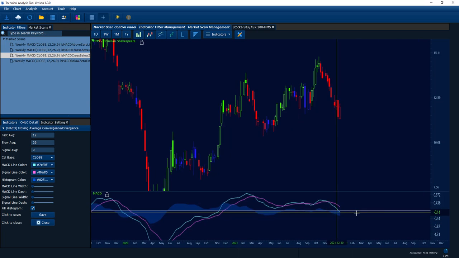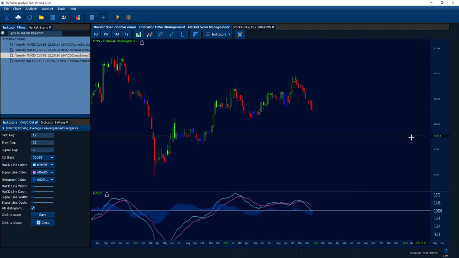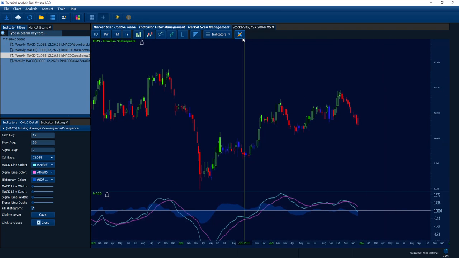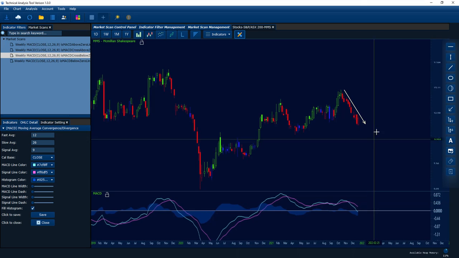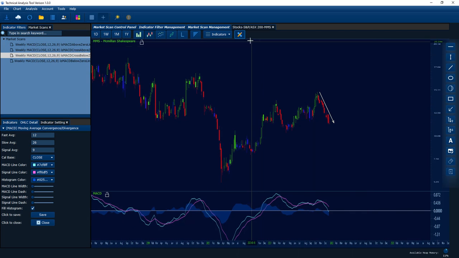You can see from here, in the current week the MACD line dips below the zero line, and also the light blue MACD line stays below the signal line. With these two combined, we found a stock like this. It's going down, and it breaks below the zero. So that's the correct result found by the market scan.